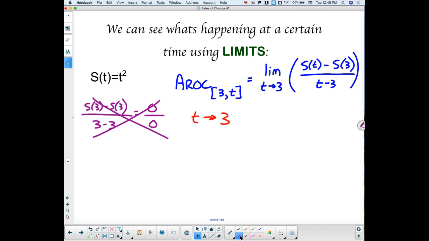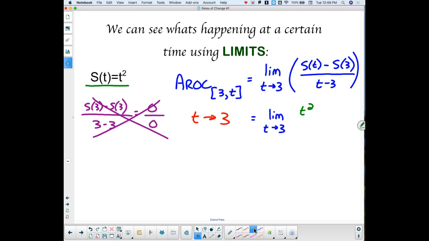So we can't just substitute t equals 3 right off the start. But we can use math, and go through our limits, and figure it out. We're going to keep the limit notation on and active as long as we can. S of t is t squared.